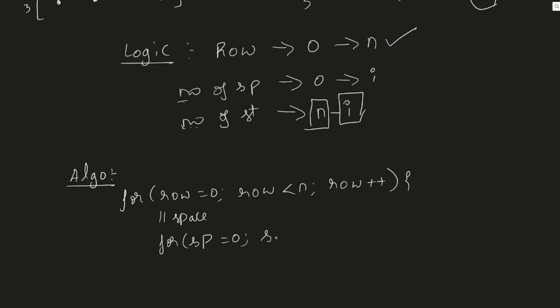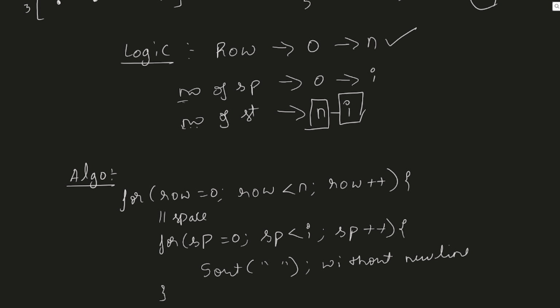Starts from 0, goes till I, gets incremented after printing every space. Print space, an empty space, without new line.